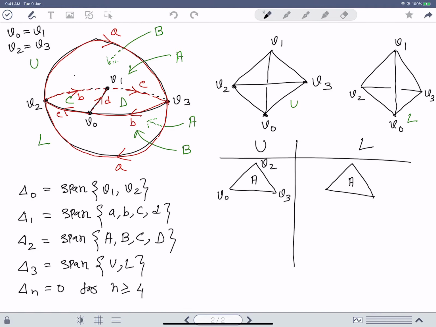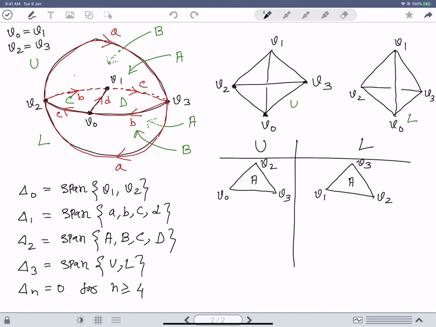So this is my A. Now note that V1 is identified with V1. So this should be the same as V1, and V3 is identified with V2 in L, right? So this is V2, and V2 in U is identified with V3 in L, right?